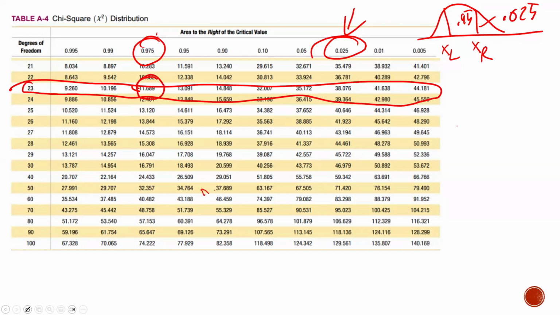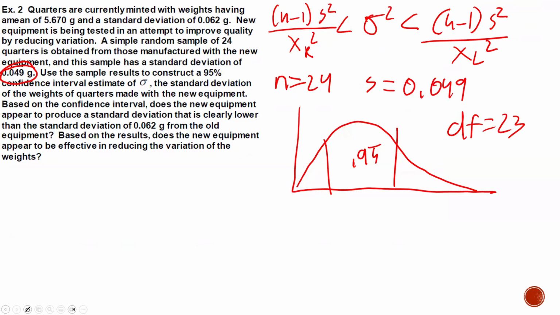Okay, so that's x squared R, L, and x squared R, okay? So then let me just finish this, right?